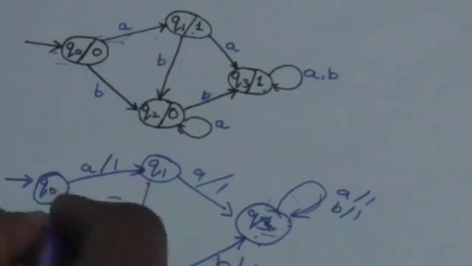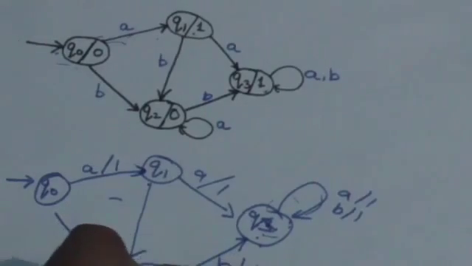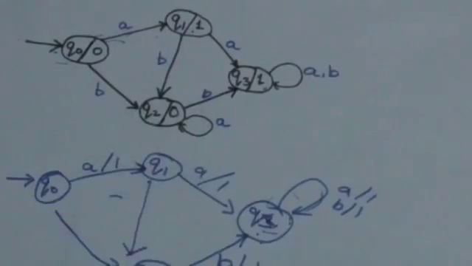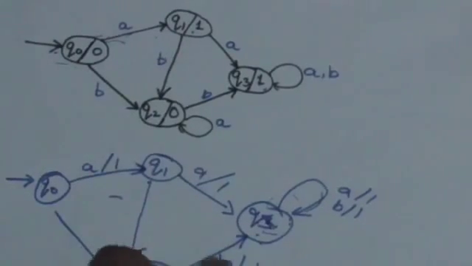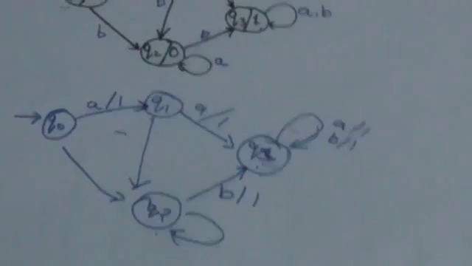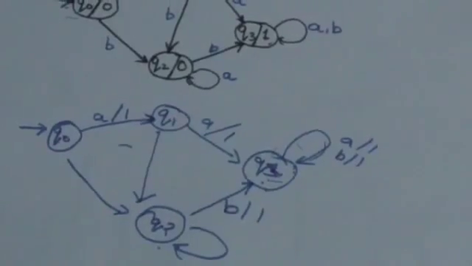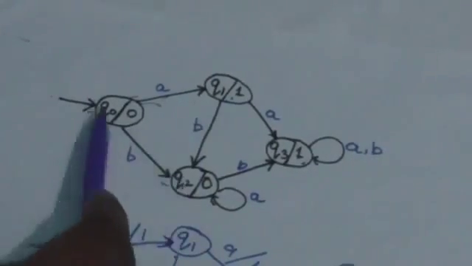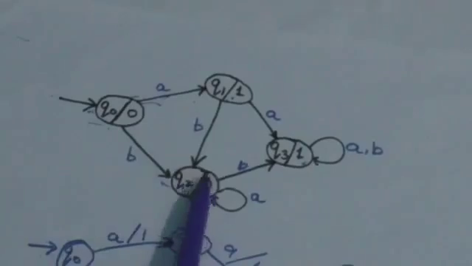Now only one state is left, that is Q2. Now 0 is associated with Q2. Now remove it from here and associate it with all incoming edges on Q2. Now here there are 3 incoming edges. One is from Q1, one is from Q0, and other is from Q2 itself.